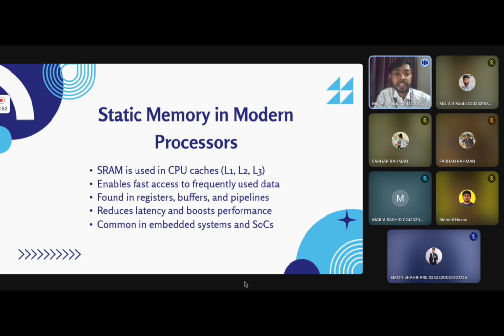This significantly reduces memory latency and improves overall processing speed. Overall, the presence of SRAM in crucial areas of processor architecture directly contributes to the efficiency, responsiveness, and performance of modern computing systems. Next slide.